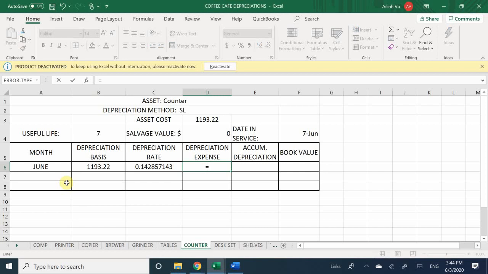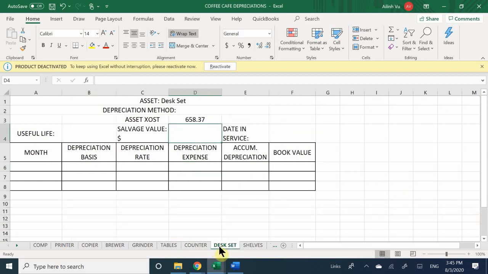We got 1193.22 times 0.1428 equals 170. Divide that by 12, we got $14.20. Actually, it was 20.5, but I'm going to round up for this one. So 14.21 for the counter.